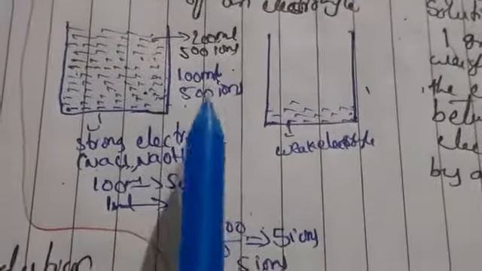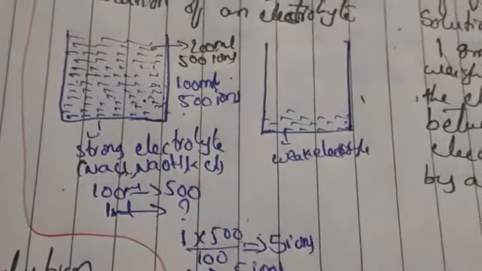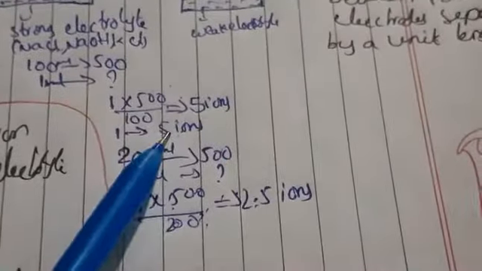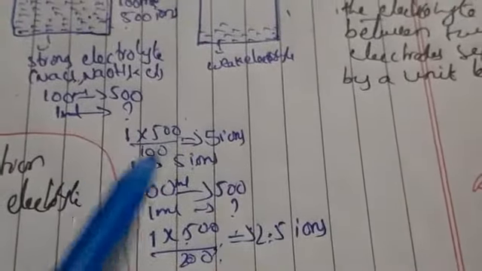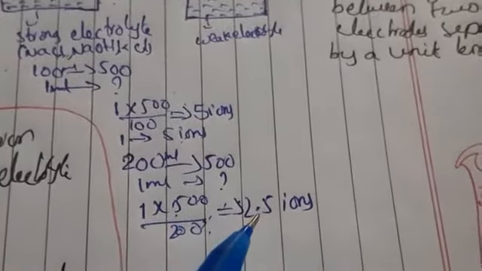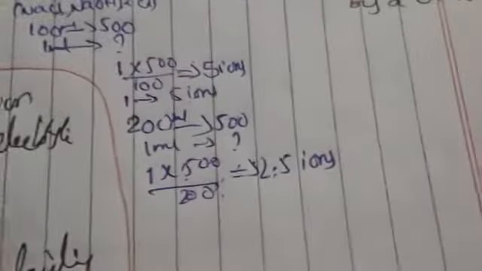I think you have clearly observed: we take 100 ml solution with 500 ions, and with increasing dilution, for 100 ml it is giving 5 ions, and for 200 ml it is giving 2.5 ions.